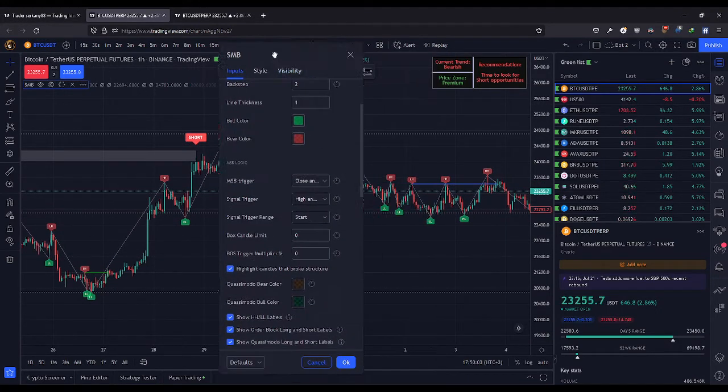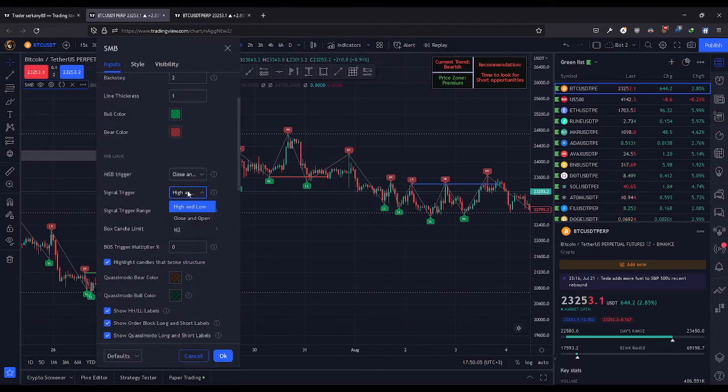And another setting is that there are signal triggers and MSB triggers. MSB trigger is when the market structure break line is going to be drawn. And as you can see, this is only going to happen with the close-on-open setting at this point.